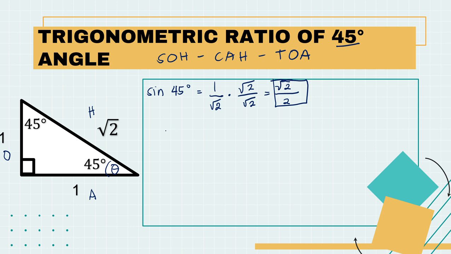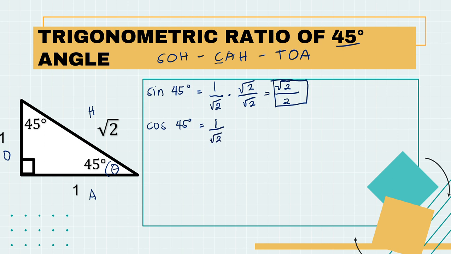The next one here is the cosine. In cosine, we will use adjacent side over the hypotenuse. So the cosine of 45 degrees is equal to 1 over square root of 2.